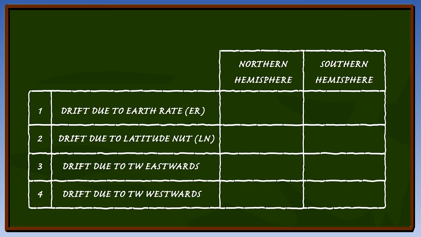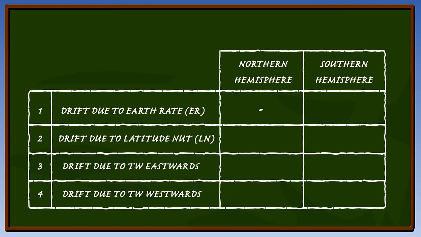To help establish the mathematical signs, we will start by creating a simple table, and we will see from the table how straightforward it is to work out the appropriate mathematical signs. So let's put a negative or minus sign for earth rate in the northern hemisphere. We know from the lesson on the principle of operation and errors of the DGI that this will be the case.